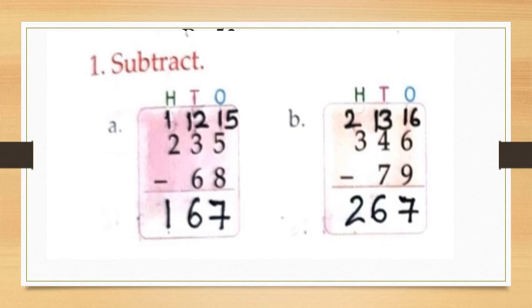Now children, 13 minus 7 is 6. So write 6 under tens. Now at hundreds place, 2 minus 0 is 2. So write 2 under hundreds. So your answer will be 267.